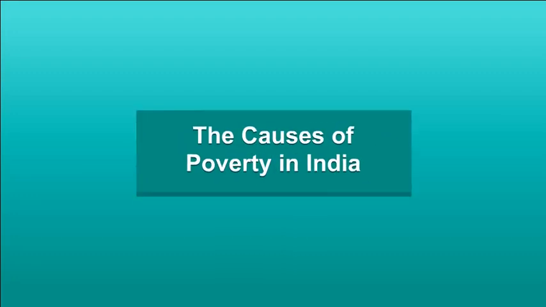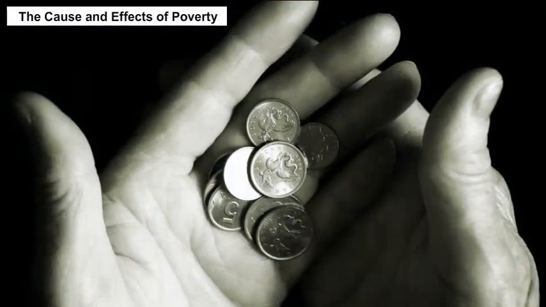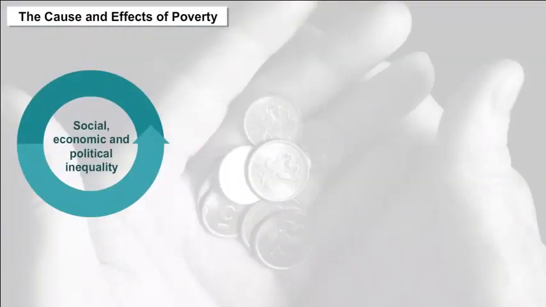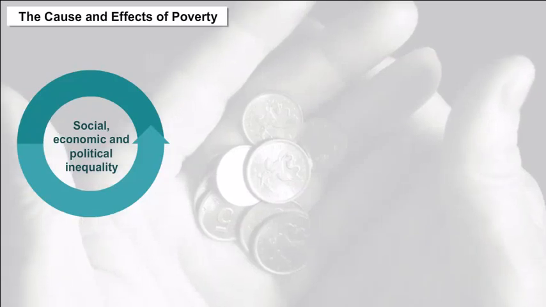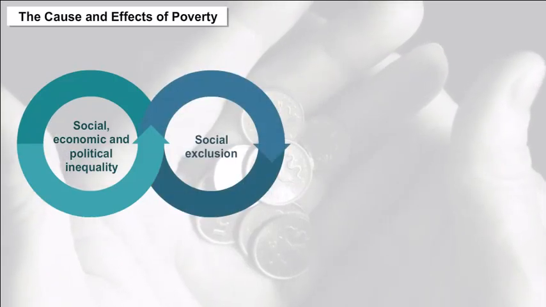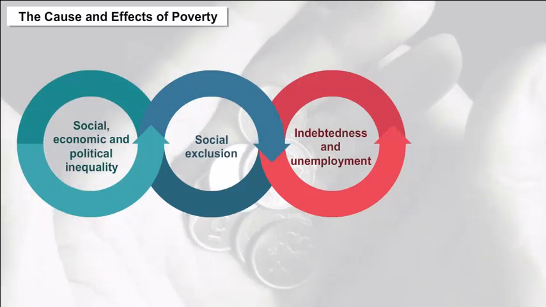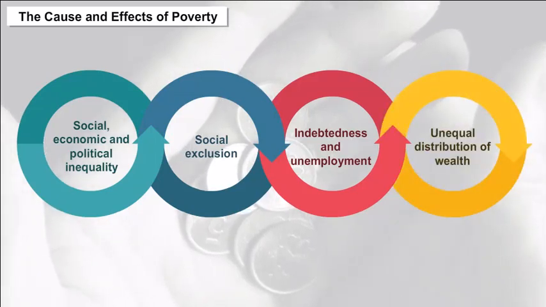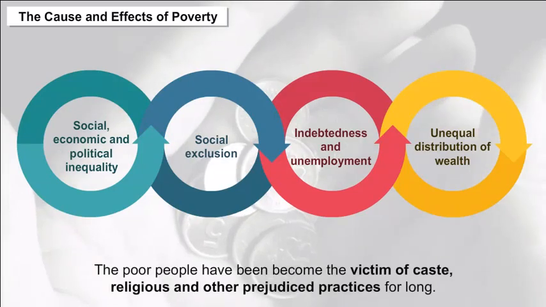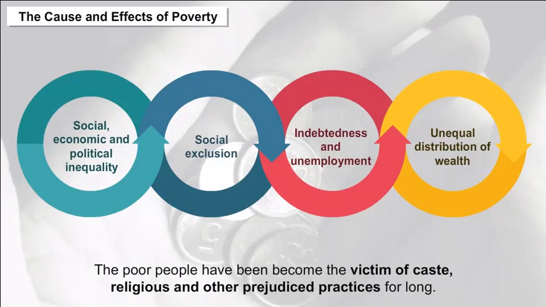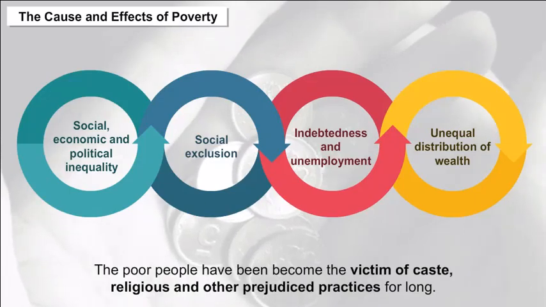The causes of poverty in India. The causes and effects of poverty. For the reasons of social, economic, and political inequality, social exclusion, indebtedness, unemployment, and unequal distribution of wealth, the poor people have become the victim of caste, religious, and other prejudiced practices for long.